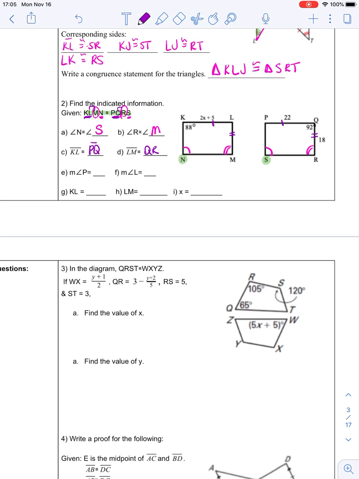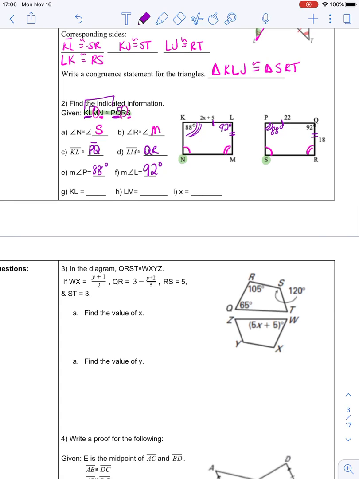So the measure of angle P, if K matches with P, we can see by our congruent statement that K and P match up. So that means that angle P must be 88 degrees because that's how big angle K is. Angle L matches with angle Q, and angle Q is 92 degrees, and so angle L is also 92 degrees.